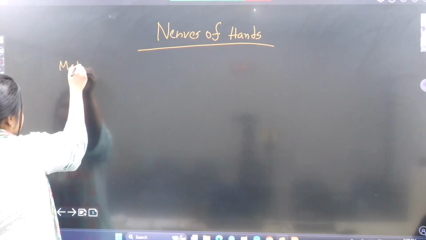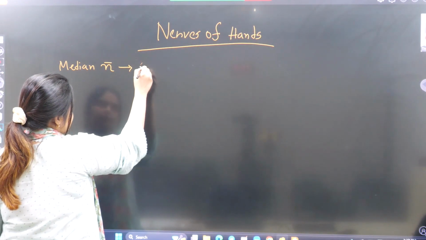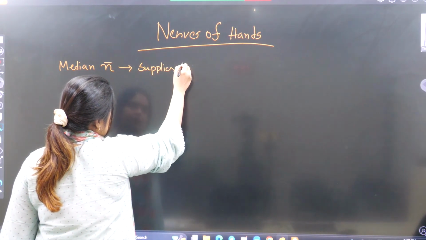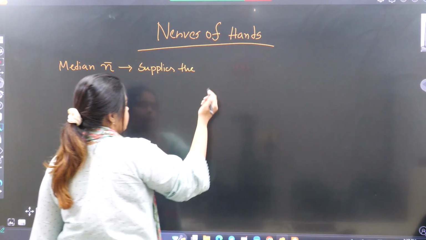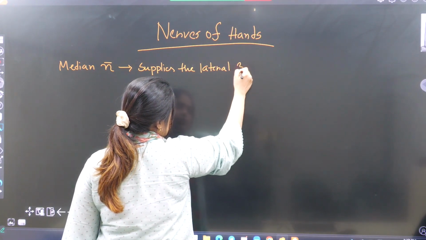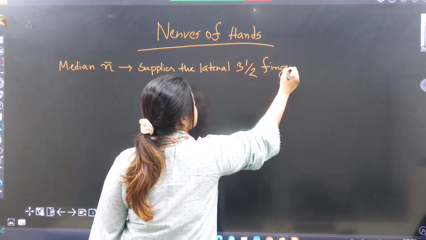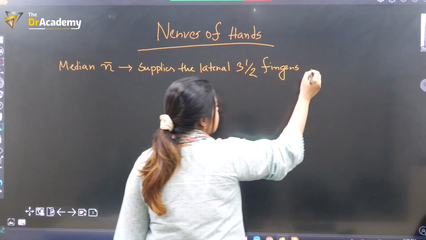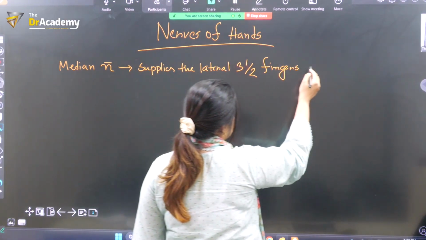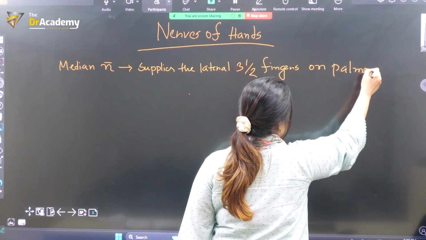So median nerve, okay, first the median nerve supply the lateral 3.5 fingers on palmar aspect.